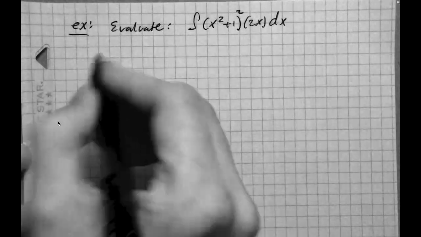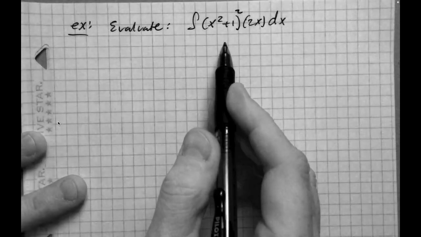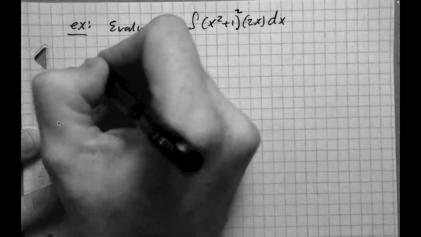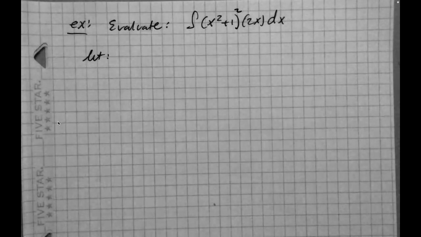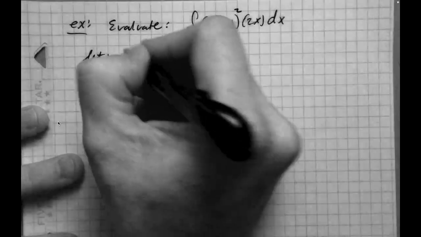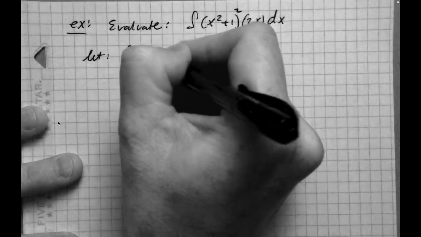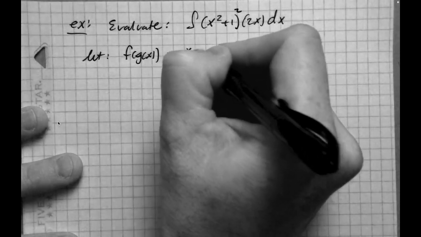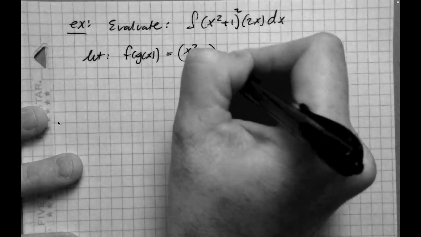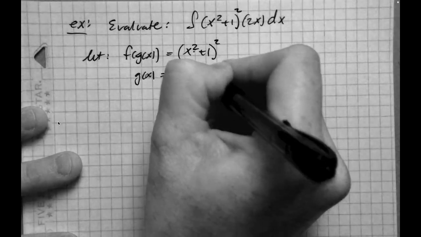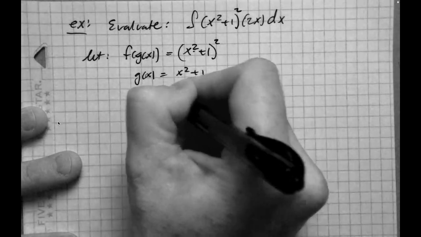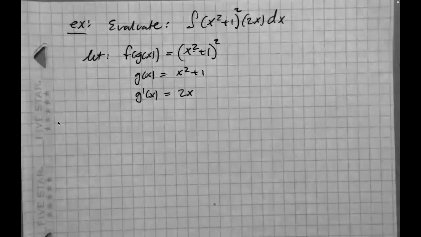So the key to doing these integrals is to recognize the pattern, and maybe make a note of the pattern while you're doing it. So f of g of x equals x squared plus 1 squared. That means g of x is x squared plus 1, and g prime of x is 2x.